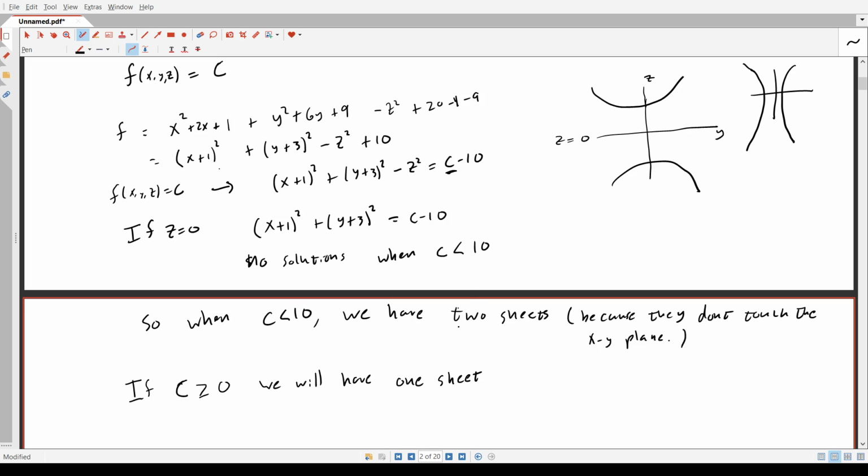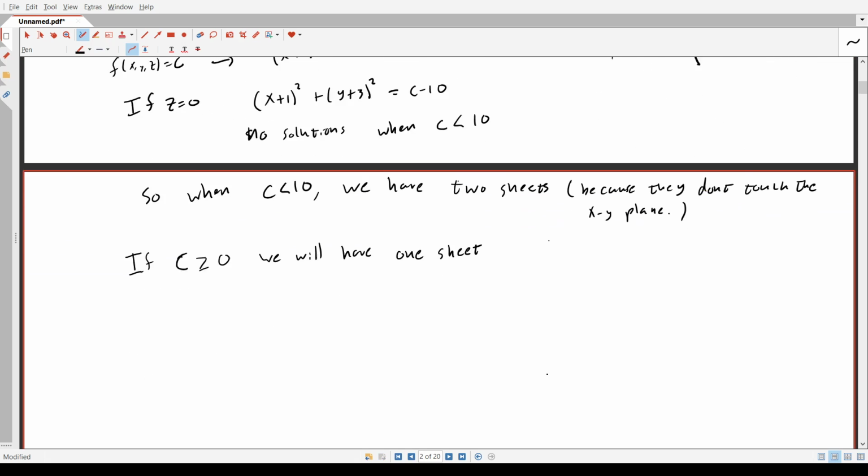If it's greater than or equal to 0, we're going to have this case where it's all one sheet. Okay, next question.